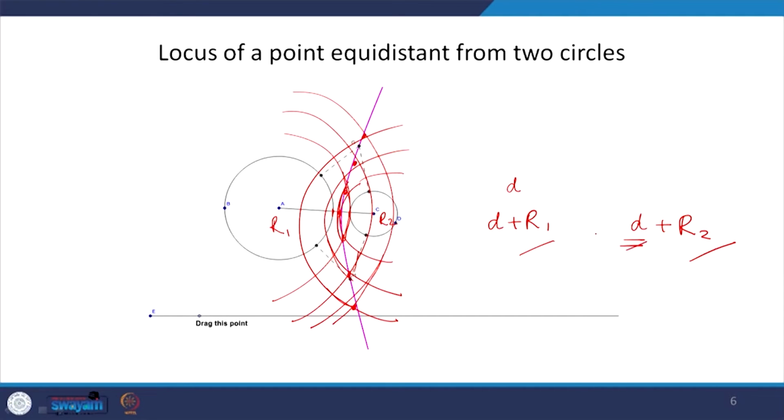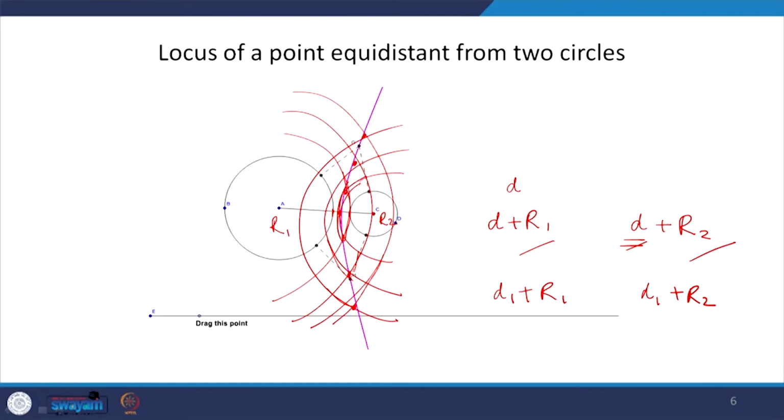Every time we have to get a different point, we will just decide that okay, the next is say d1, and the distance that we will measure is d1 plus r1, and here d1 plus r2, and we will measure it from the center.